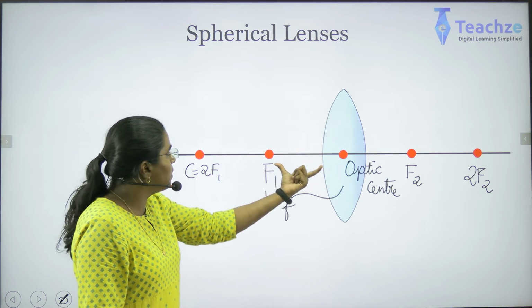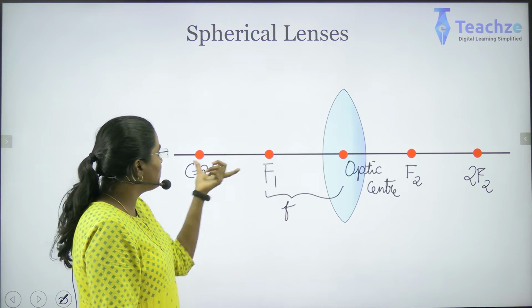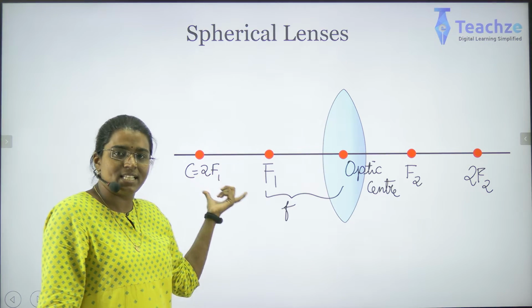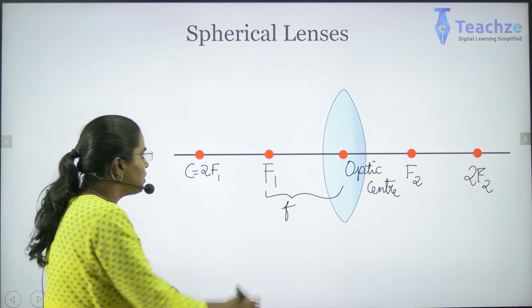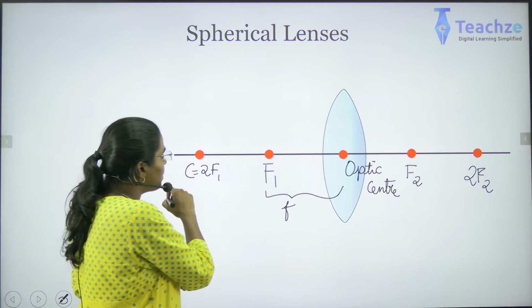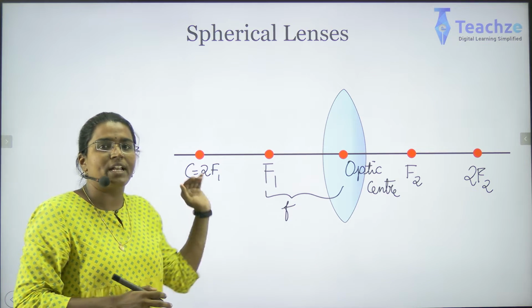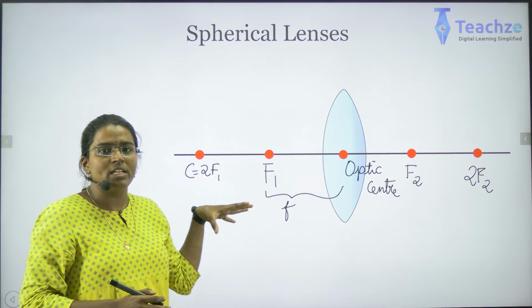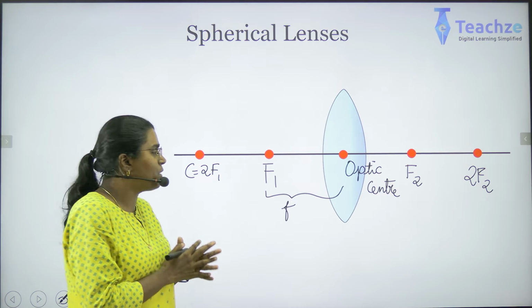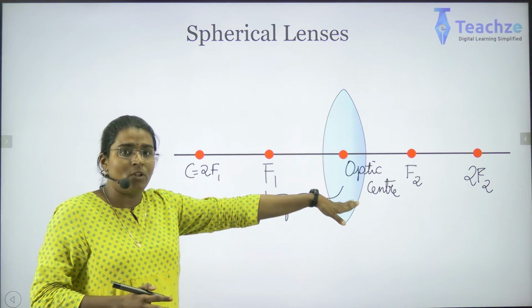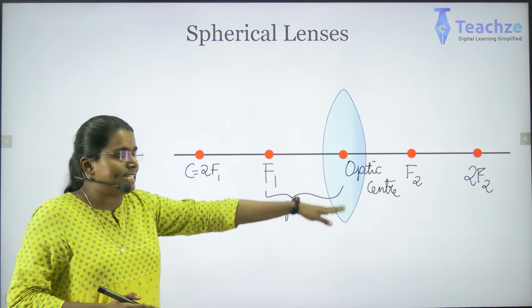The same distance will be between 2F1 and F1. So we use 2F1 and 2F2 here for the lenses instead of R and C.